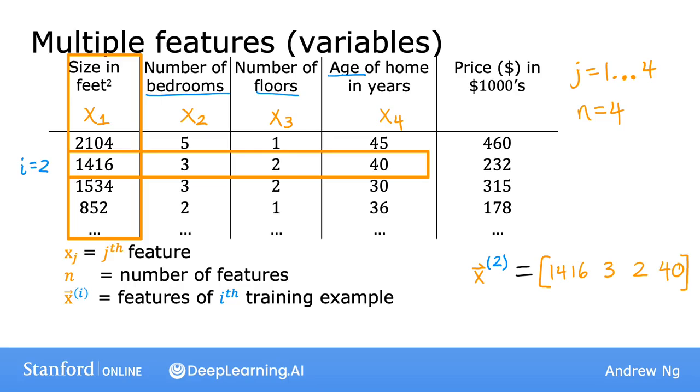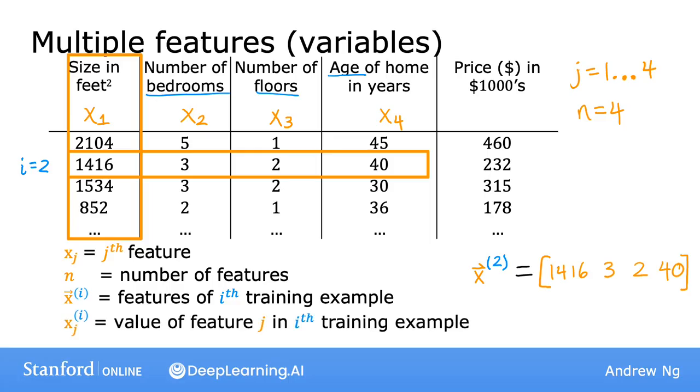And to refer to a specific feature in the ith training example, I will write x superscript i subscript j. So for example, x superscript 2 subscript 3 will be the value of the third feature, that is the number of floors in the second training example, and so that's going to be equal to 2.